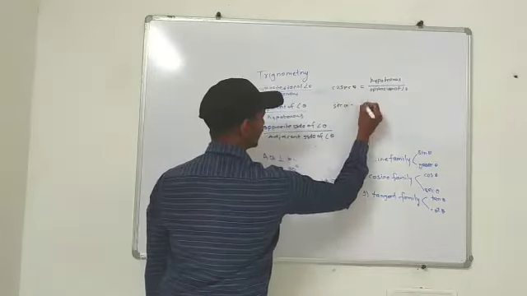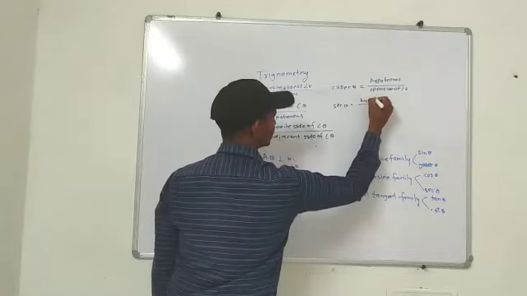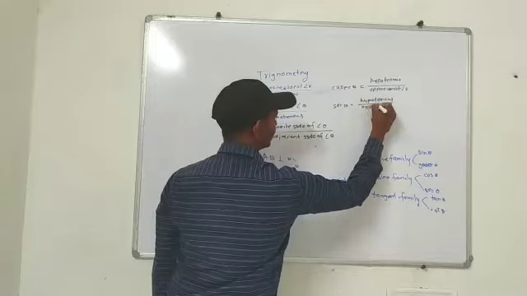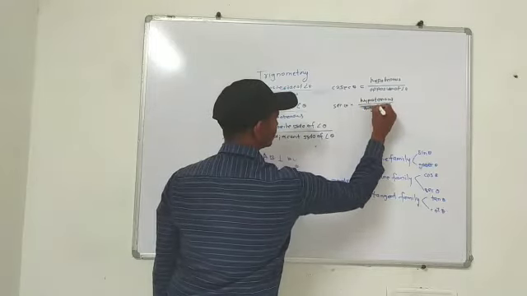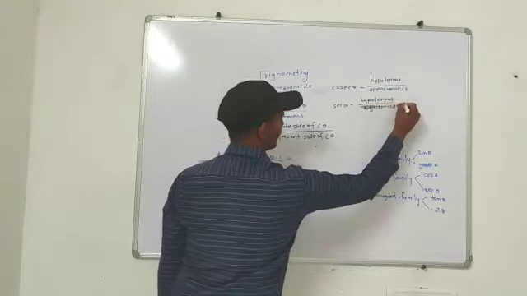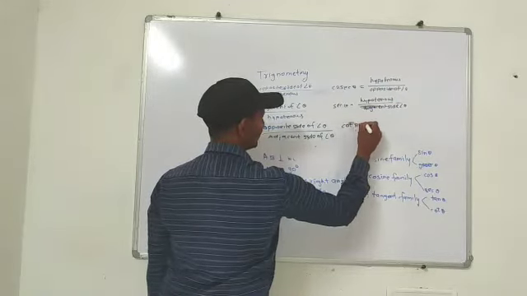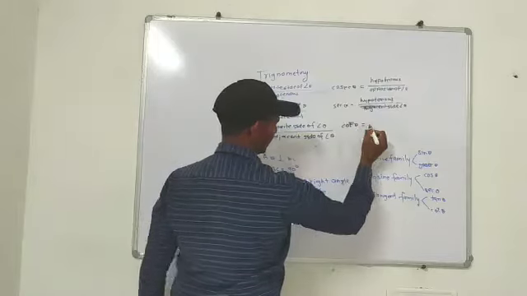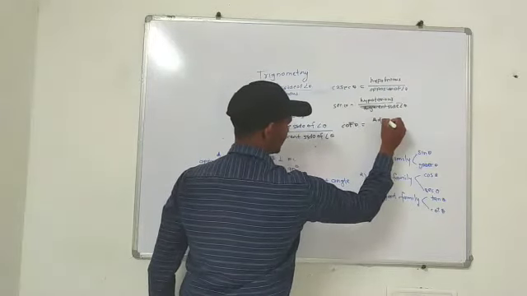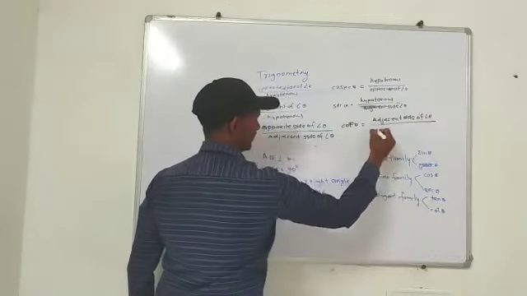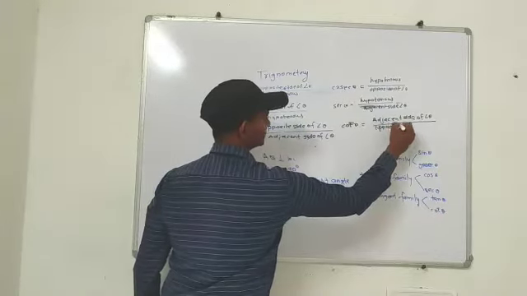Similarly, sec theta is equal to hypotenuse upon the adjacent side of angle theta. Last one is cot theta. Cot theta is the reciprocal of tan theta, so the ratio becomes the adjacent side of angle theta upon the opposite side of angle theta.